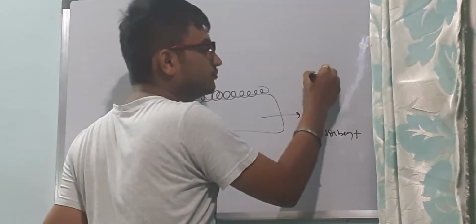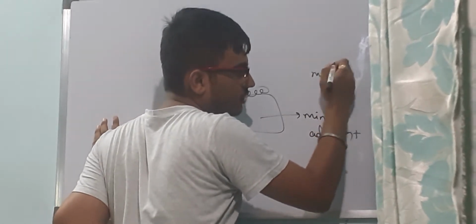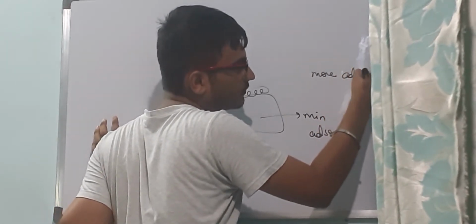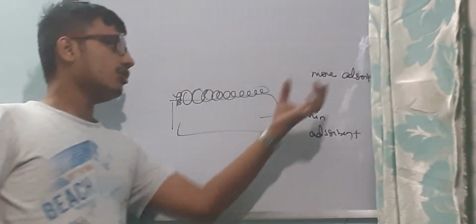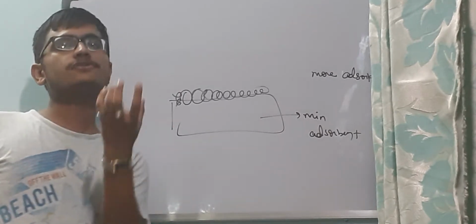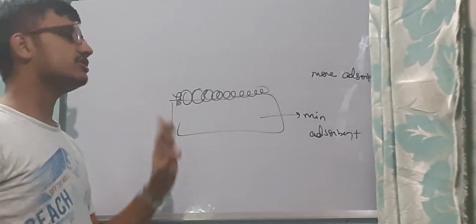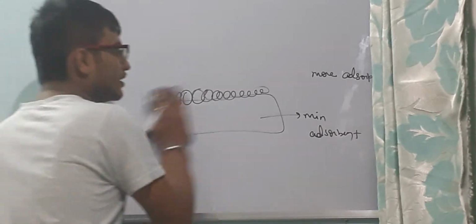Means more separation or more adsorption, but for maximum adsorption, what is the minimum amount of solid or adsorbent required for the solute particles to settle is the aim now.